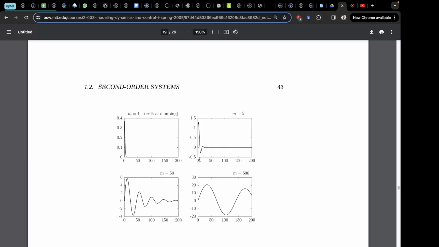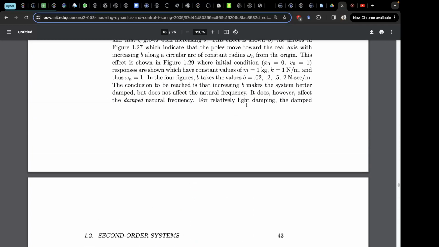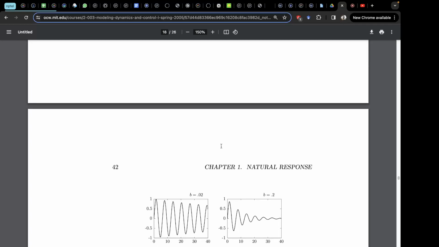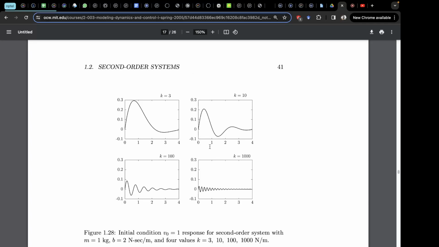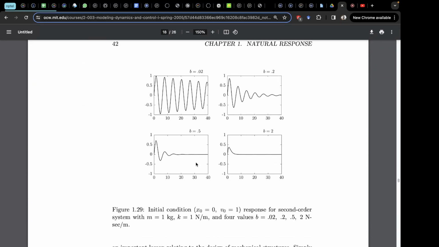In the two previous cases when we were varying just b and k, we were either varying damping ratio or natural frequency. No, I think in the K case also natural frequency is being varied, under root K by M, right? Yeah, in this case also both are being varied. So that statement is not correct.